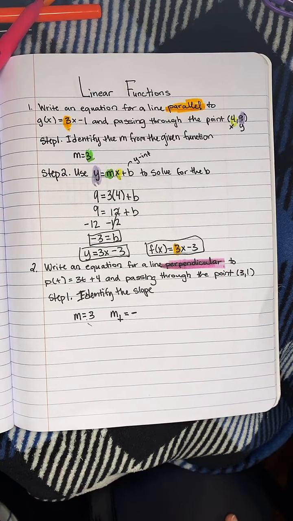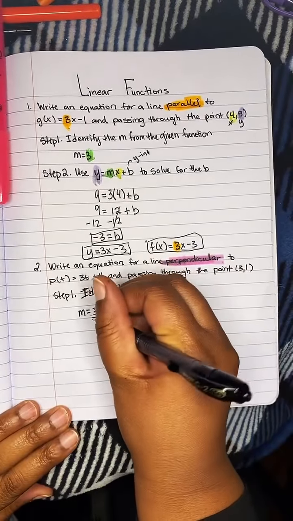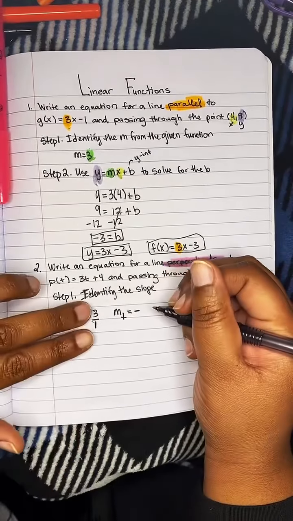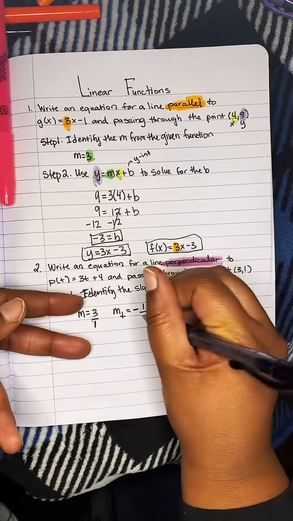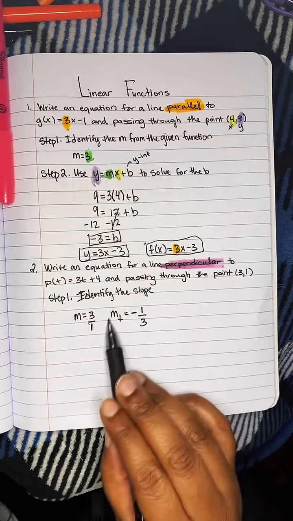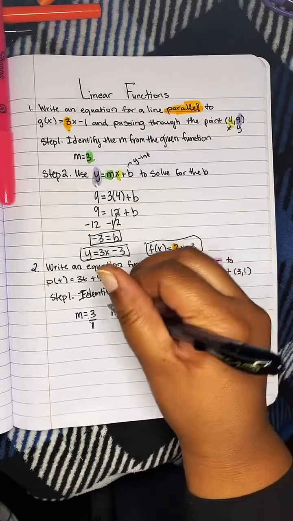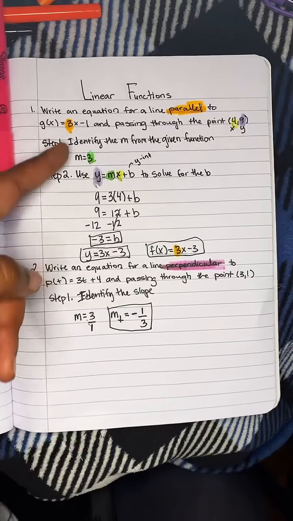Yes. So we put this over 1 because every whole number can be over 1, and we end up flipping this and we get 1/3. And so our perpendicular slope is -1/3.